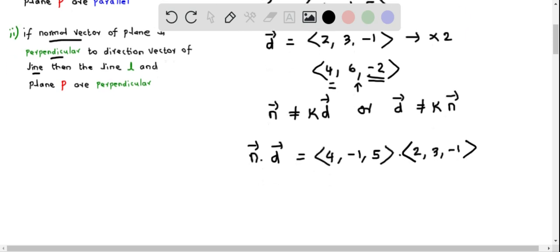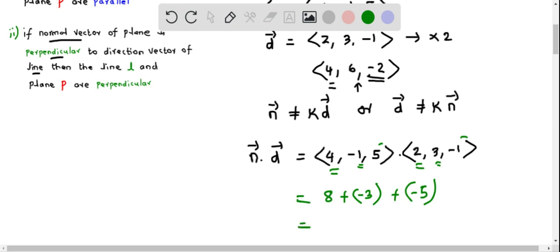We just have to multiply the corresponding components, that is 4 times 2, plus negative 1 times 3, that is negative 3, plus 5 times negative 1 is negative 5. I'm sorry, 4 times 2 is 8. So let me correct this. This is basically 8.